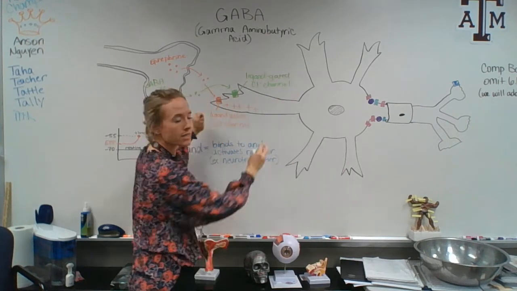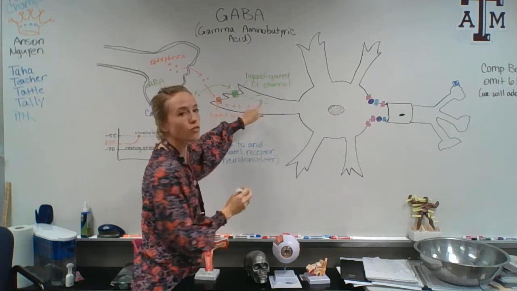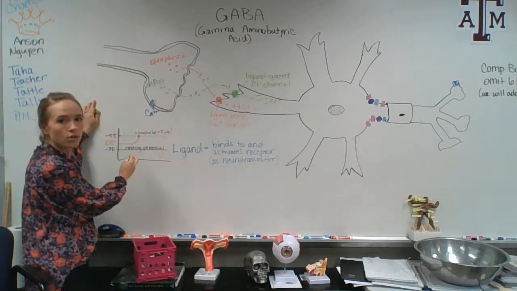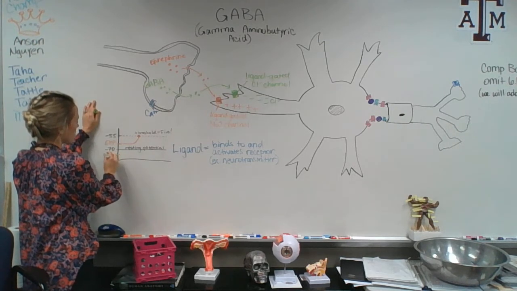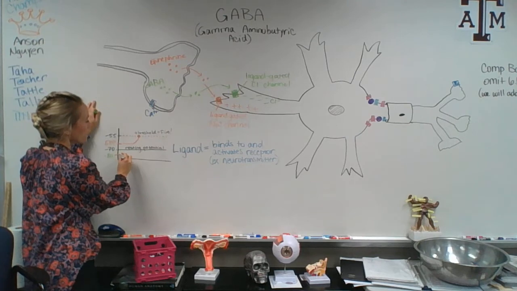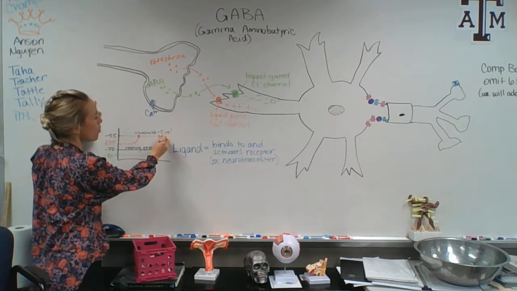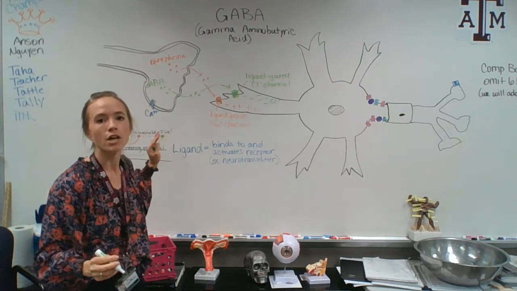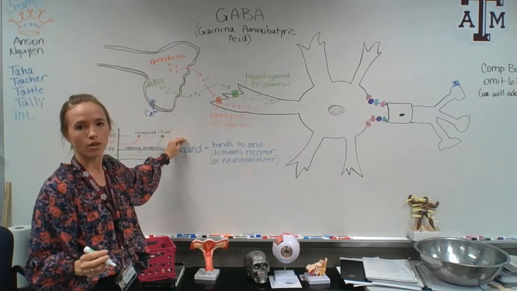So when that opens, negative ions come in, negative chloride ions, which is going to lower the resting potential below -70, like maybe we'll say -80. So it takes longer to reach threshold, and it takes more stimuli to reach threshold to fire. Because remember, in order for it to fire, it has to reach -55.